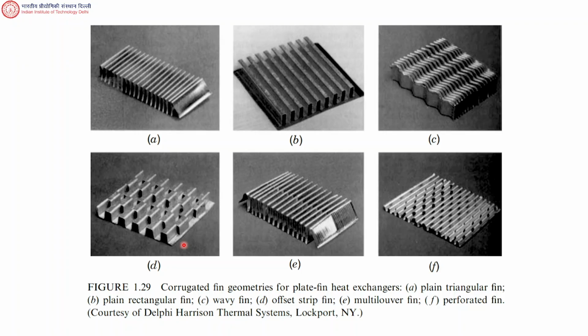And then we have multi-louver fin, which is at E, and we also have some perforated fins. So obviously we cannot describe and understand all geometries and do calculations for all kinds of geometries. That you will do if you get a job in this area and if you design heat exchangers. But we will primarily focus on this OSF, offset strip fin.